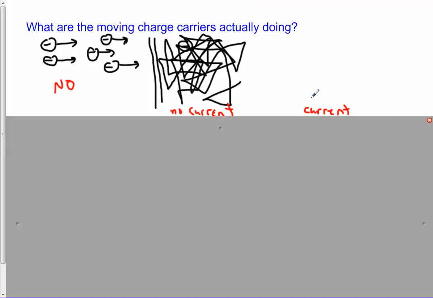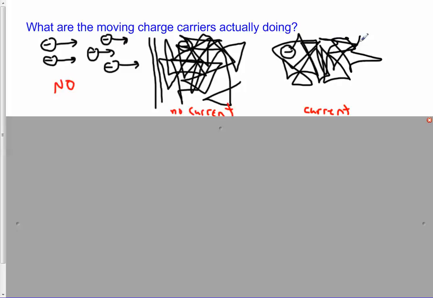And this is the surprising part. Our electron, for the most part, most of its motion is still just random, very fast bouncing around, hitting atom after atom, just going like this. But when we say there's current, what that means is that these electrons have an overall slight, very, very slight drift in one direction.